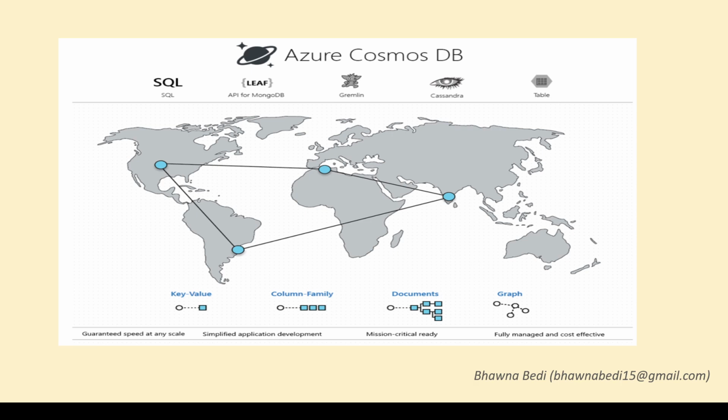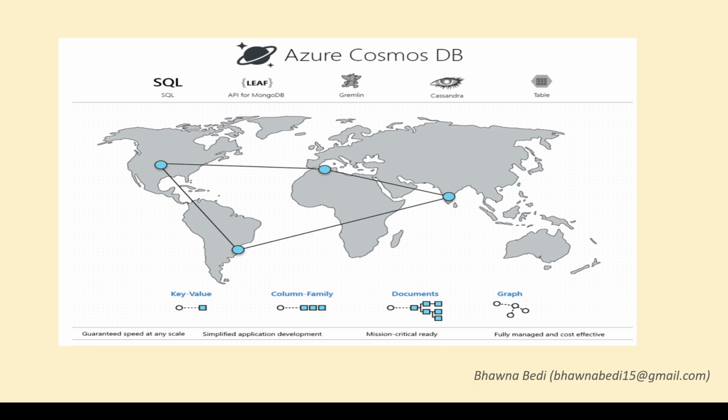This diagram which you see on the screen right now shows you how the data can be replicated and how the data is connected as well. Also, Azure Cosmos DB has many APIs. It has a SQL API, which we are going to use today. We are going to query the data using the SQL API. If you are migrating from MongoDB, it has an API for MongoDB.